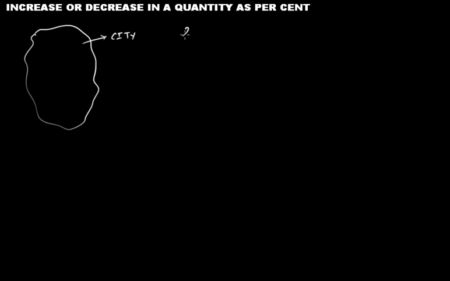In the year 2018, the population of this city was 5 lakh, and by the end of the year 2019, the population of this city became 5 lakh 50,000. Is there an increase or decrease in the population?